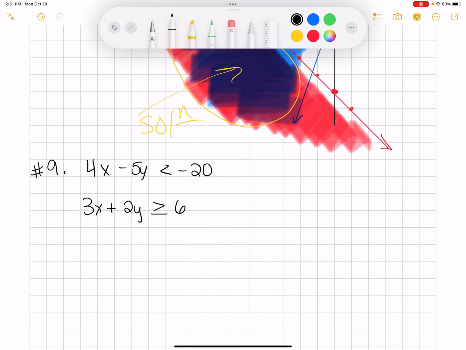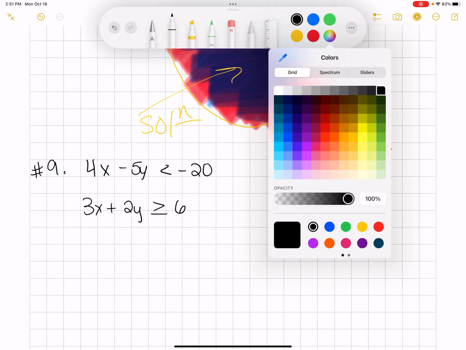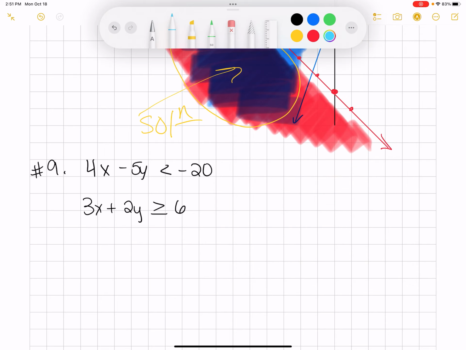Need to get y by itself. So with the first one, I'm going to try to find some other colors that are fun. Carolina blue, that's fun. Do pink. It may or may not show up, but we'll try. All right, so negative 5y is less than negative 4x minus 20.